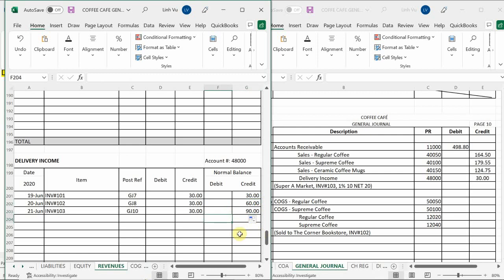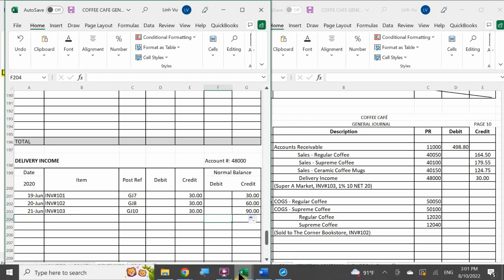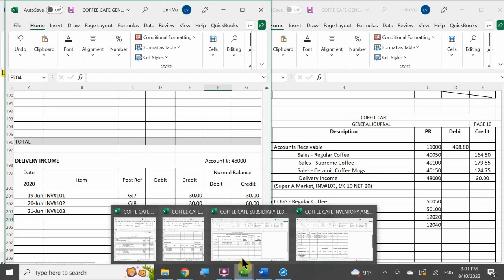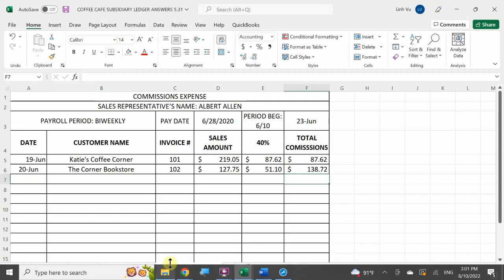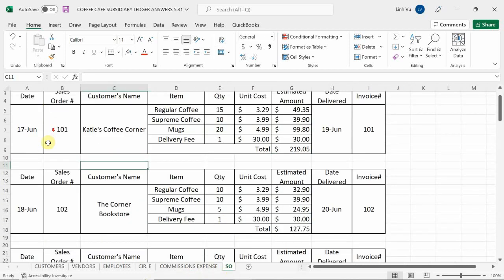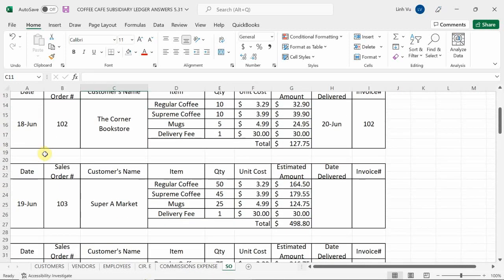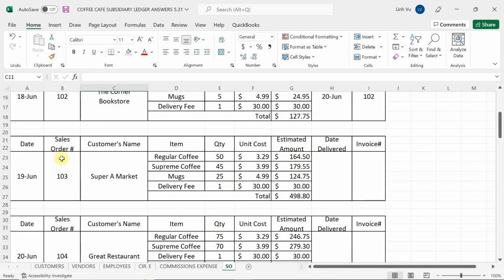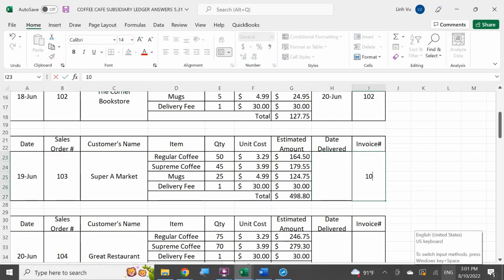And then, before I forget, I would update the sales order on the subsidiary ledger, because I always have a tendency to forget that. That's sales order 103 turned into invoice 103, and we delivered on 6/21.